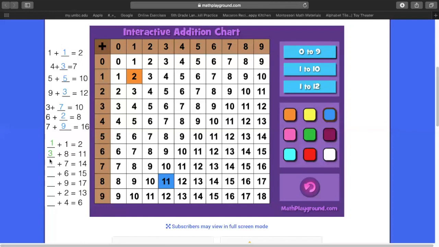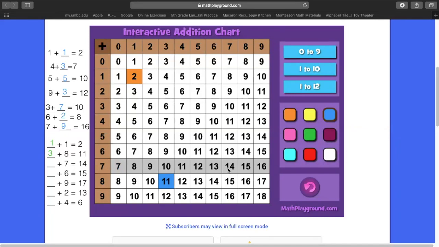On 7. I start at the 7. And where do I have to count to? 14. Wow, that's a long way away. Tell me stop when I get there, okay? 7, 8, 9, 10, 11, 12, 13, 14.